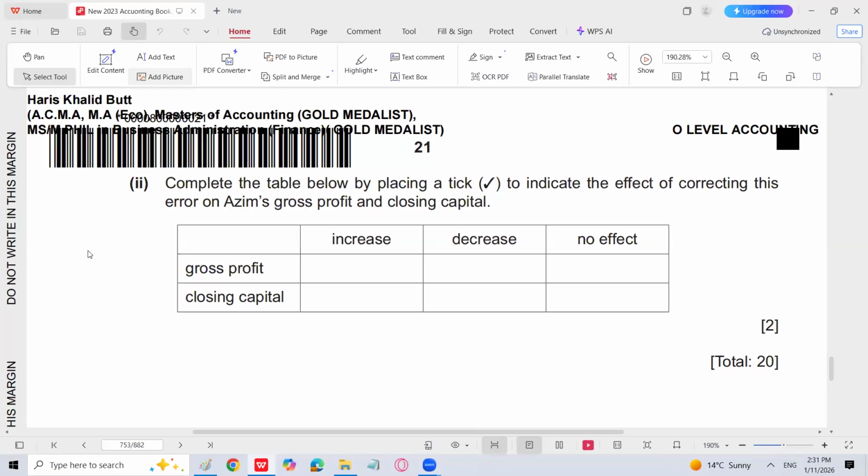So when we credit purchases, gross profit will increase, right? So gross profit will increase and closing capital will decrease. Overall, there will be no effect on closing capital, right? Closing capital will not be affected.